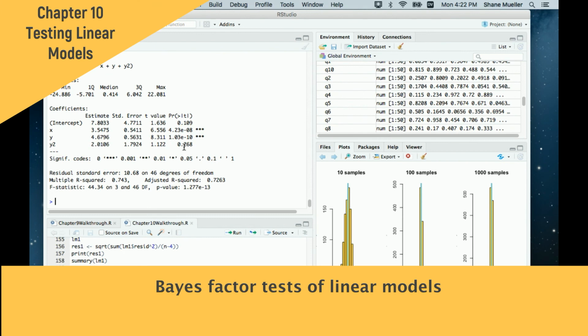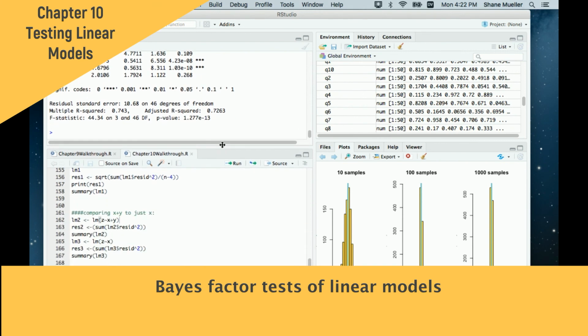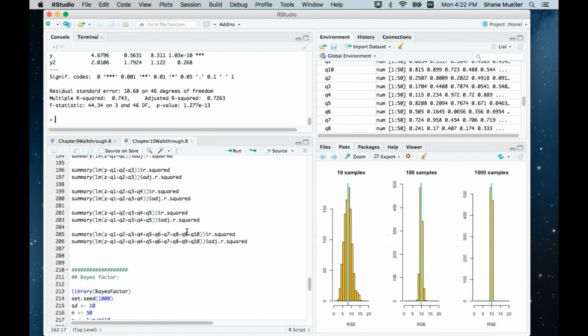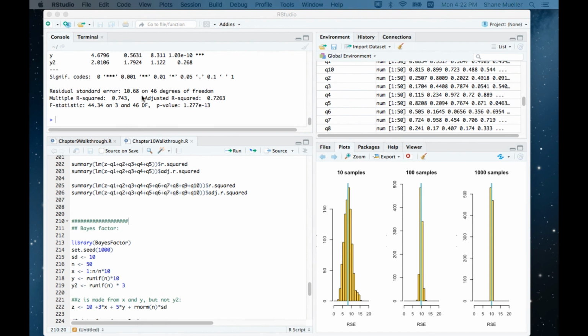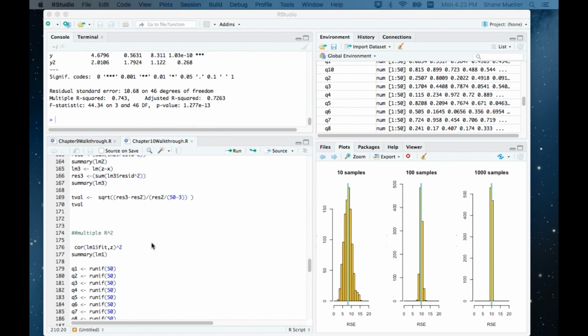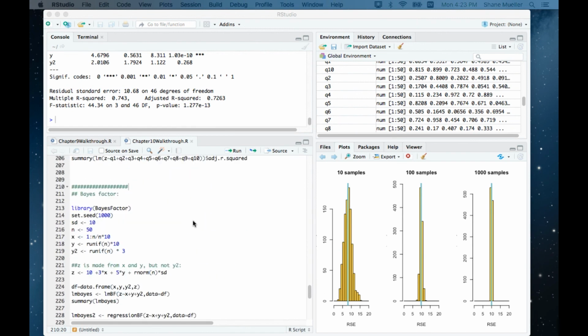All right, the next thing I want to cover is the Bayes factor test. There are Bayes factor versions of this test, and they work more like this comparison of models test.